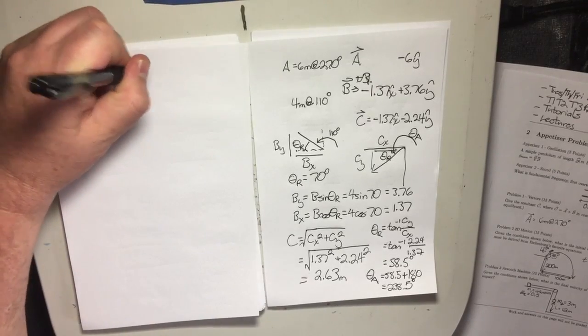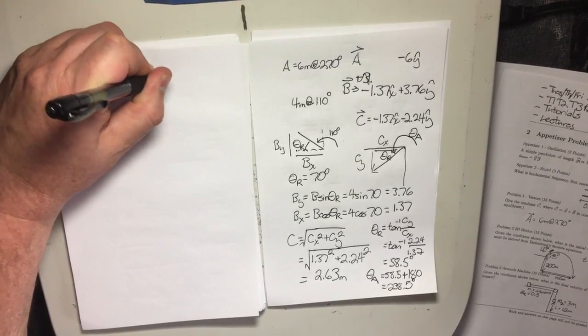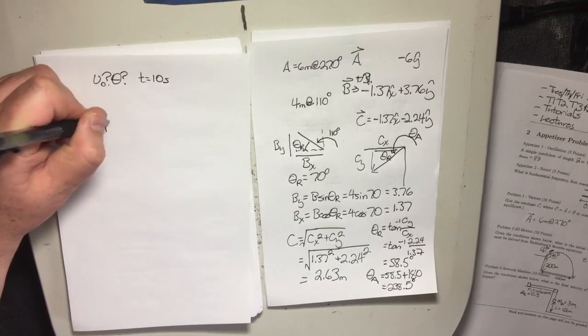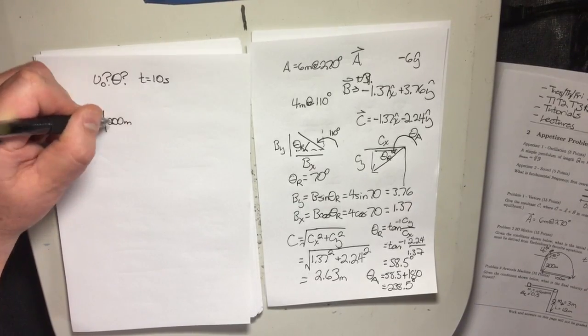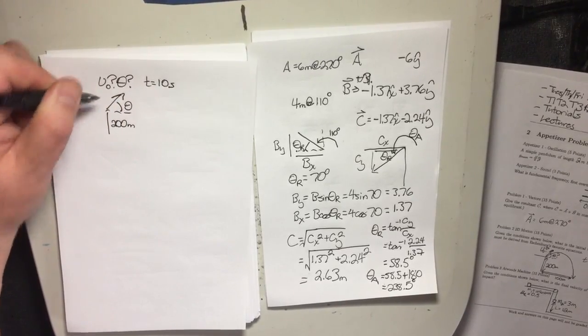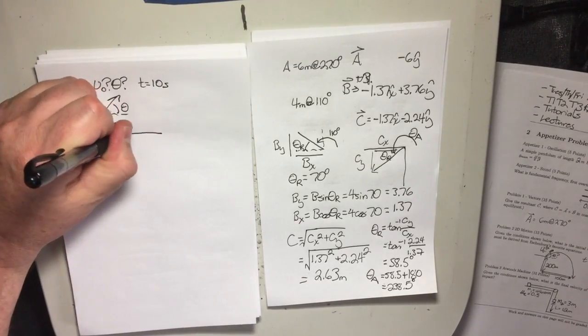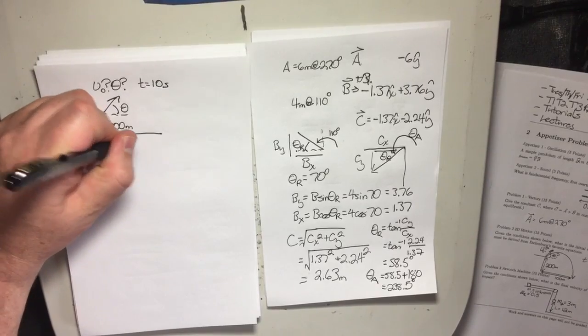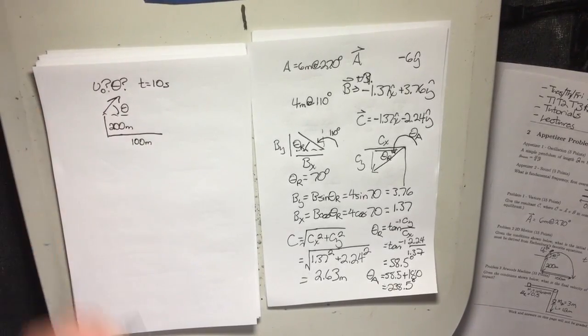The time is 10 seconds. It's launched off a 200-meter cliff at an angle like that, with an initial velocity. 10 seconds later, it lands 100 meters away from the cliff. What is the initial velocity and what is the angle?